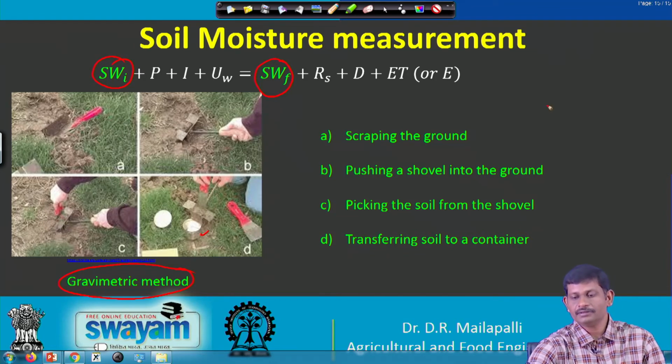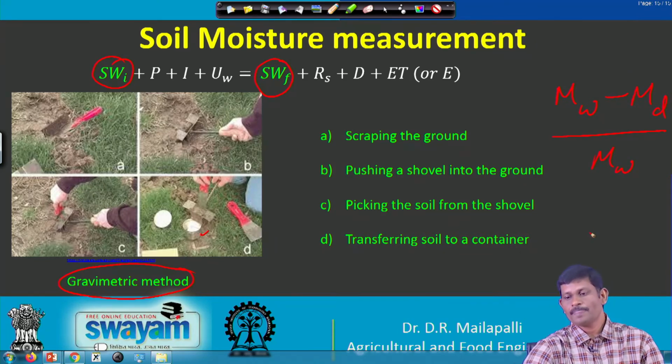First you have the initial wet moisture reading, then after that you have the dry weight, divided by the wet. So this is the wet soil weight and dry soil weight. After 24 hours you take the sample out and find the dry weight of the soil, and then the wet soil weight.